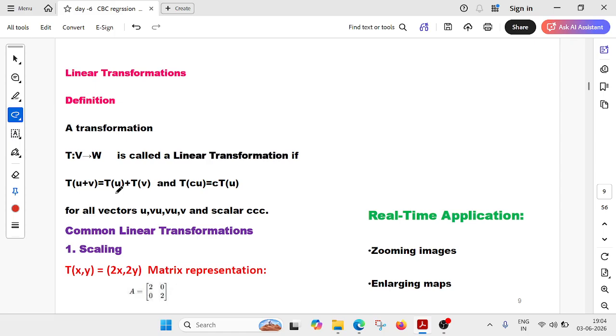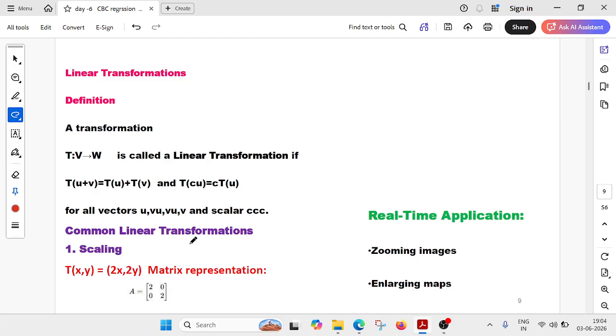Two operations are performed: addition and scalar multiplication. T of U plus V equals T of U plus T of V. This is the addition one. And T of CU equals C times T of U. This is the scalar multiplication term, for all vectors U and V and scalars C. So this is applicable.